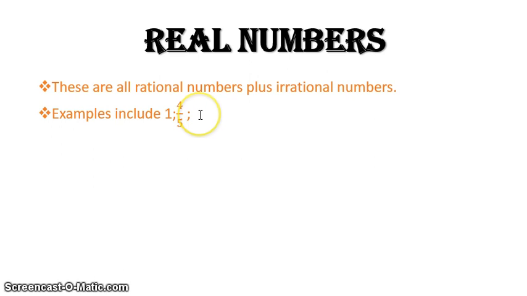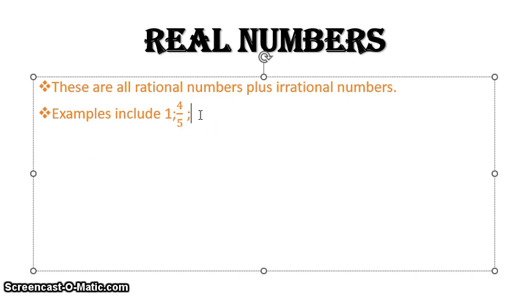Examples of real numbers include 1.4, 1, 4 over 5, 3, minus 3, minus 4, and so on. There are so many. All real numbers include rational and irrational numbers.